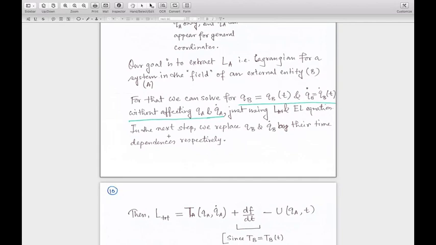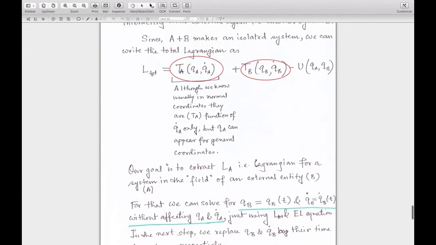We can do that by solving explicitly. You have the total Lagrangian. Now you can solve for Qb and Qb dot as functions of time by using the Euler-Lagrange equations with respect to Qb and Qb dot. That means you use the Euler-Lagrange equation del L by del Qb minus d/dt of del L by del Qb dot is equal to 0.